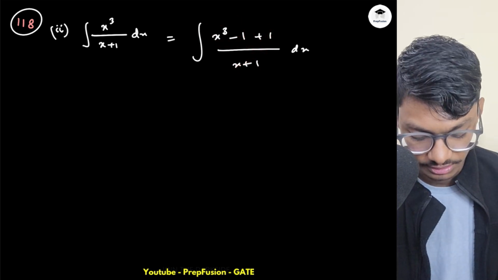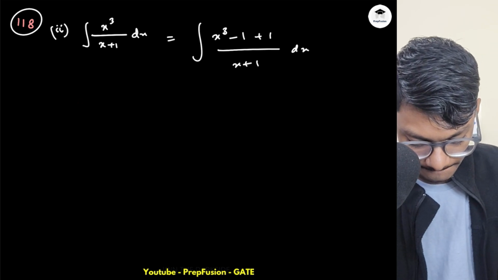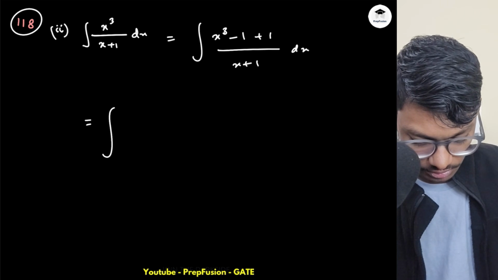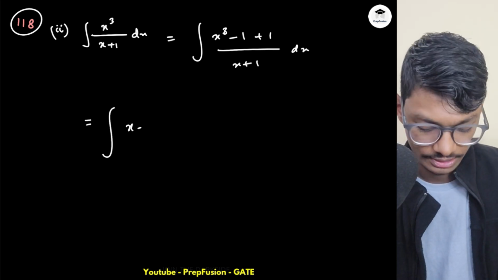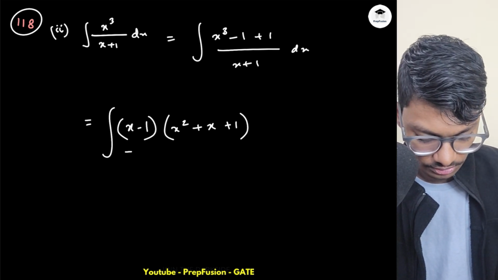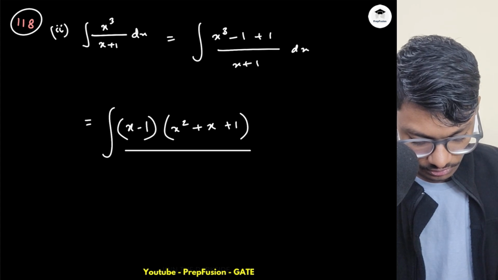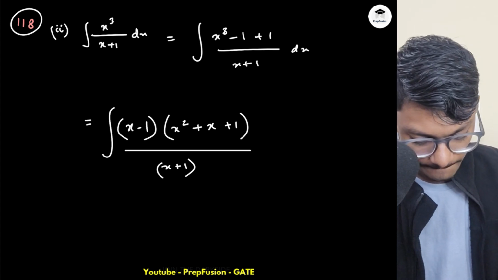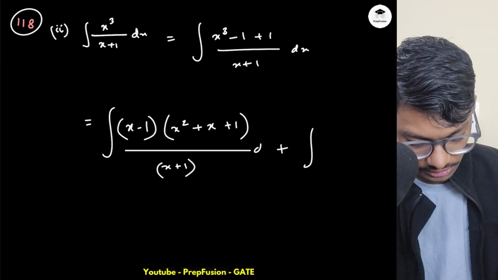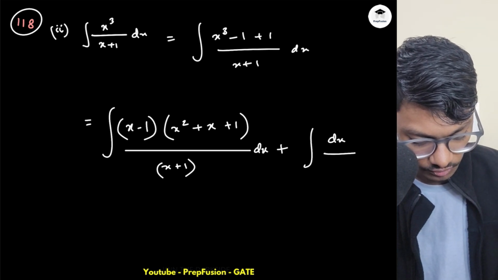Okay, this is integrable, so this will be x cube minus 1. I can further break x cube minus 1 down to x minus 1 times x square plus x plus 1, divided by x plus 1, and I have a plus 1 upon x plus 1, dx.